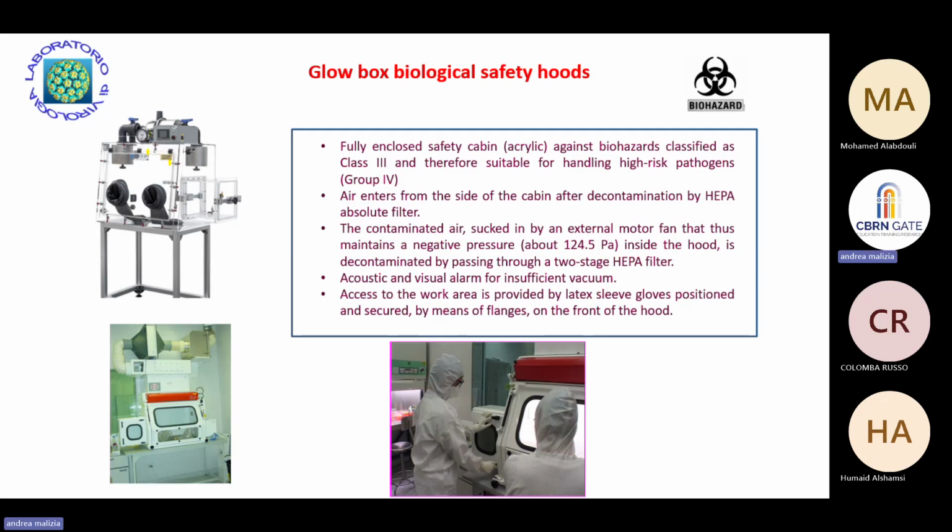And therefore, with the suit, it's important for the person, because when you work in this situation, you stay only in this and not outside the glove box.